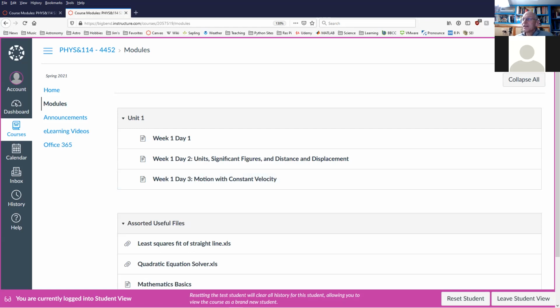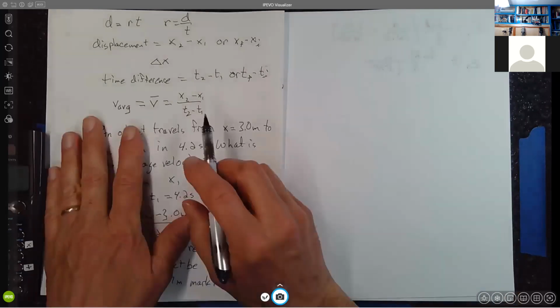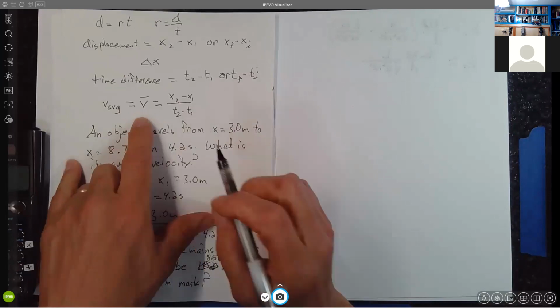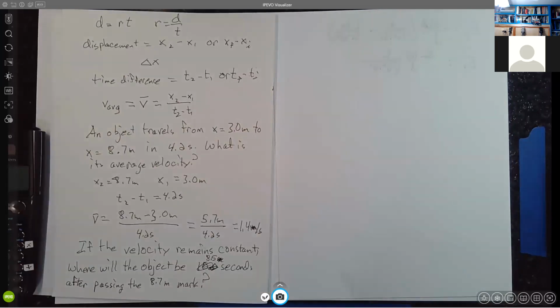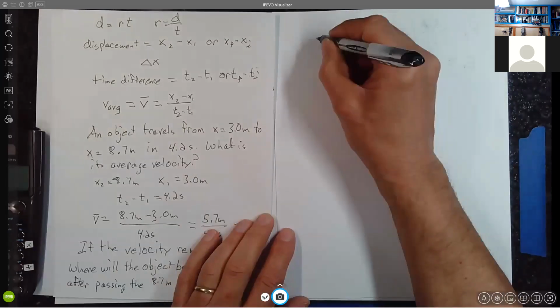Oh, where was I? I was solving a problem. Now I forgot what I was doing. Oh, we still have to figure out where that thing's going to be after a while. So let's see how we can do that. Now, this is an example of taking this equation and turning it into something else. I'm actually going to be after an x3 in this equation.